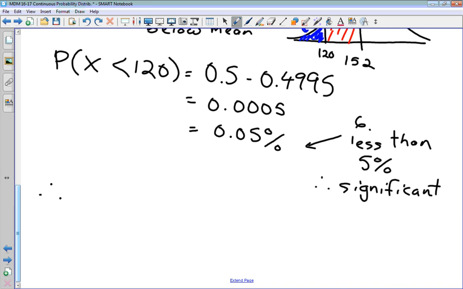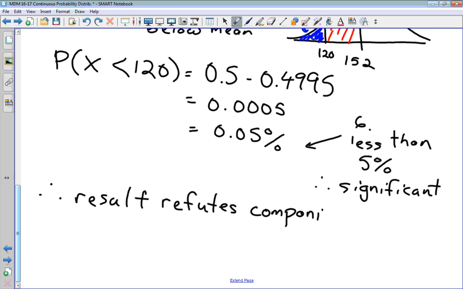So our final conclusion is that the result, let's say, refutes the company's claim. So it turns out that 38% of automobile accidents don't occur within 5 kilometers. It's actually a different number.